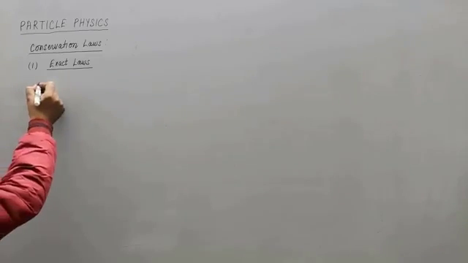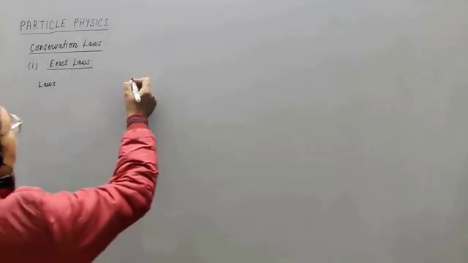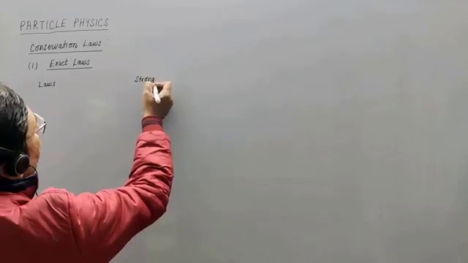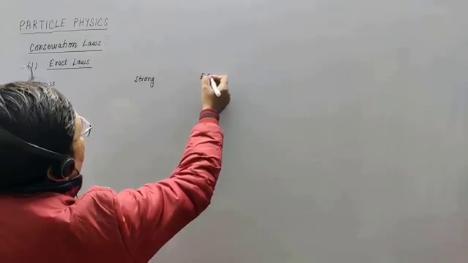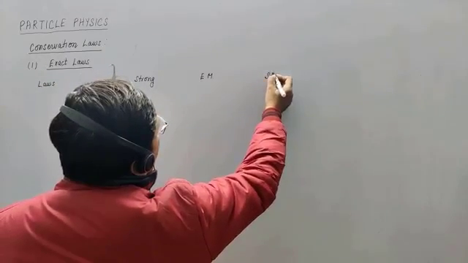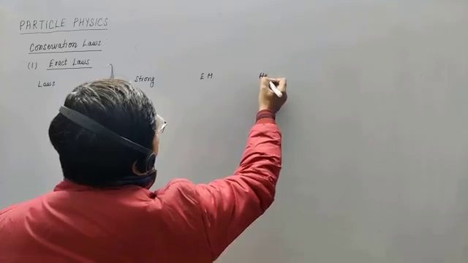There are 8 exact conservation laws. So basically here I am writing the name of laws. Here this is strong interaction, this is electromagnetic EM interaction, and this is weak interaction.